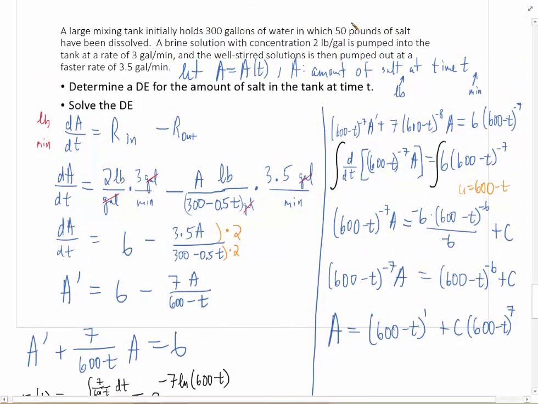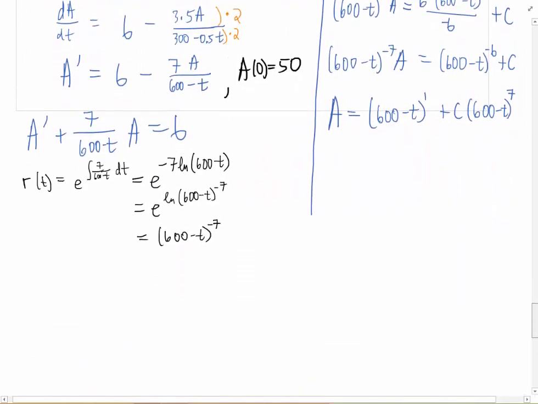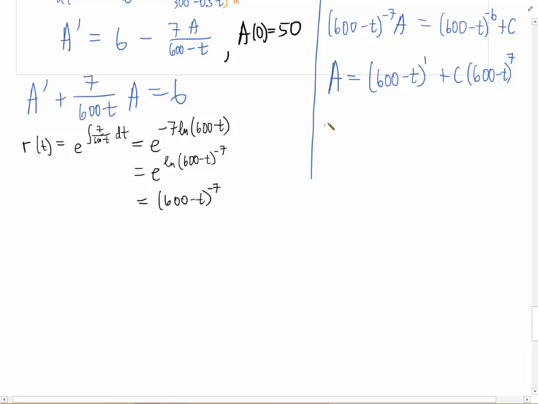So notice, originally there's 50 pounds of salt. So that tells me that A of 0 is 50. Sorry about that. So A of 0 is 50. That means then that 50 must equal 600 minus 0 to the 1st power plus C times 600 minus 0 to the 7th. And we can solve this for C.